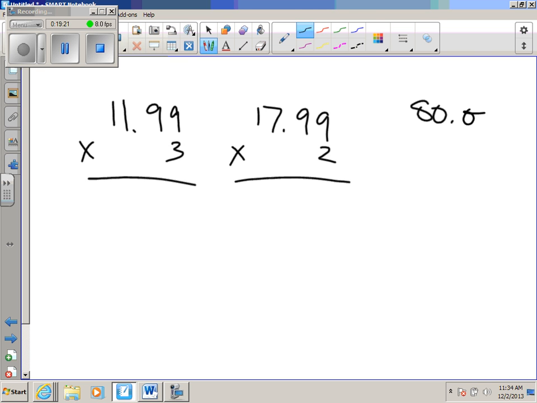So I'm going to subtract whatever this is from 80. So Carlos would say, why don't you just go $12? 12 times 3 is 36, but take away 3 cents. You get what? Oh, it's 32. No, it's 12. It's 35.97.